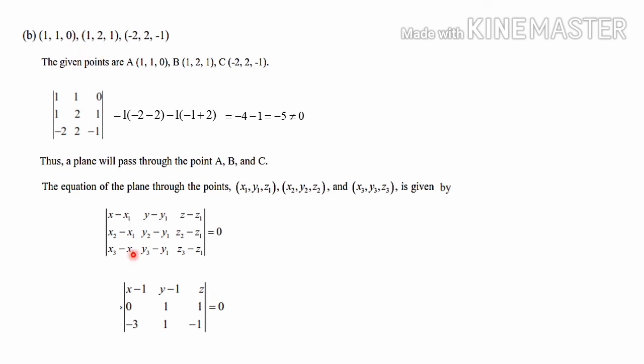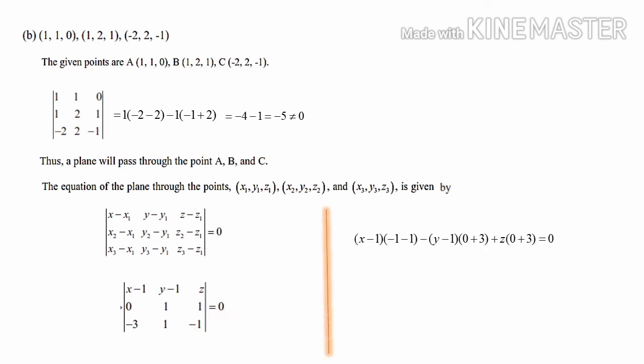Next is x3 minus x1, where x3 is -2 and x1 is 1, so -2 minus 1 is -3. y3 minus y1, where y3 is 2 and y1 is 1, so 2 minus 1 is 1. Next is -1 minus 0, which is -1, equal to 0.